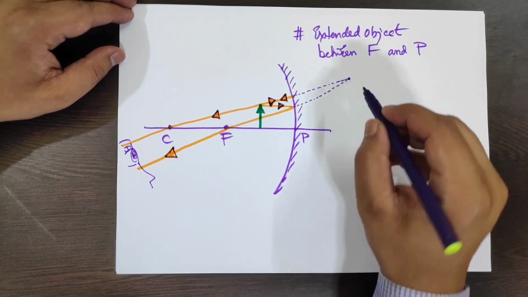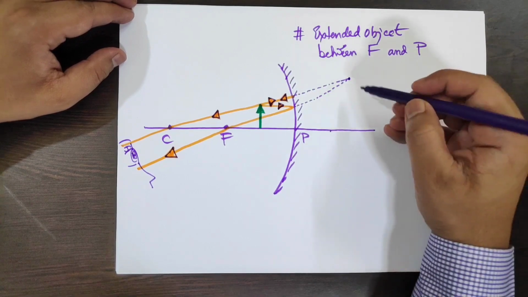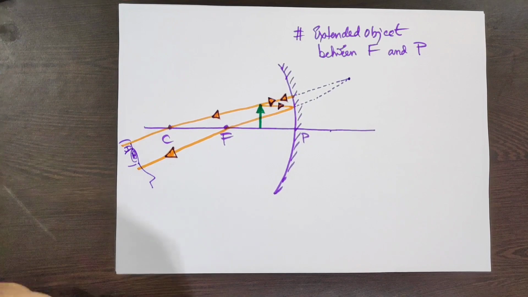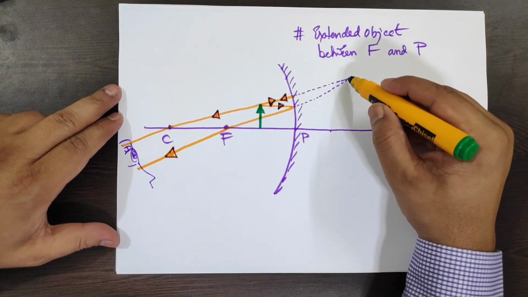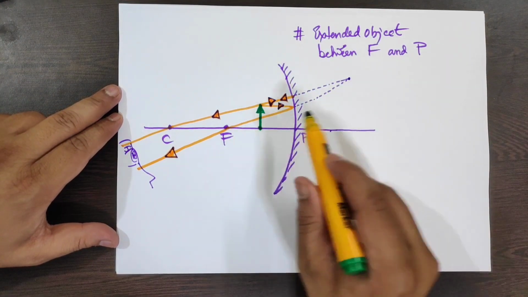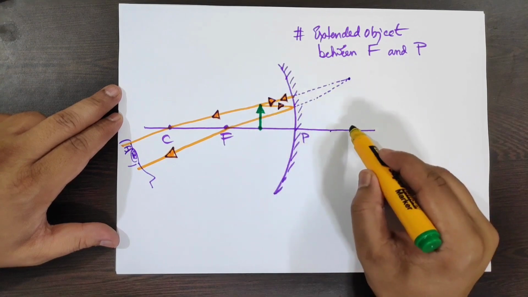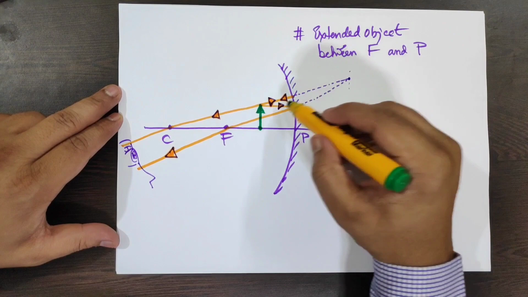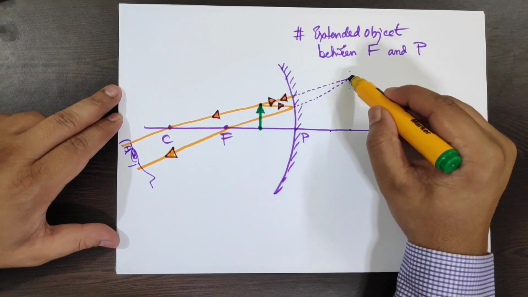So for this object, this will be the virtual image. For this point, you can find the image will be here, right on this vertical line. So for this point, this is the image.